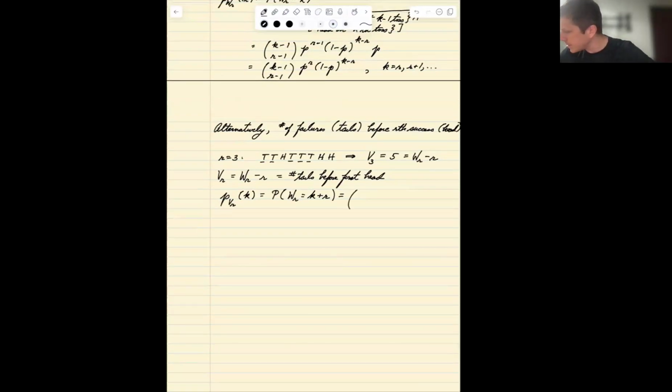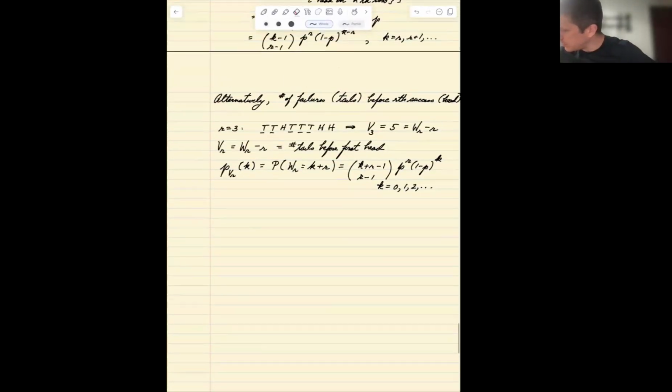It's K plus R minus 1 choose R minus 1, P to the R, 1 minus P to the K. And this is for values of K equal to 0, 1, so any non-negative integer. So these are two different ways to describe the same distribution.